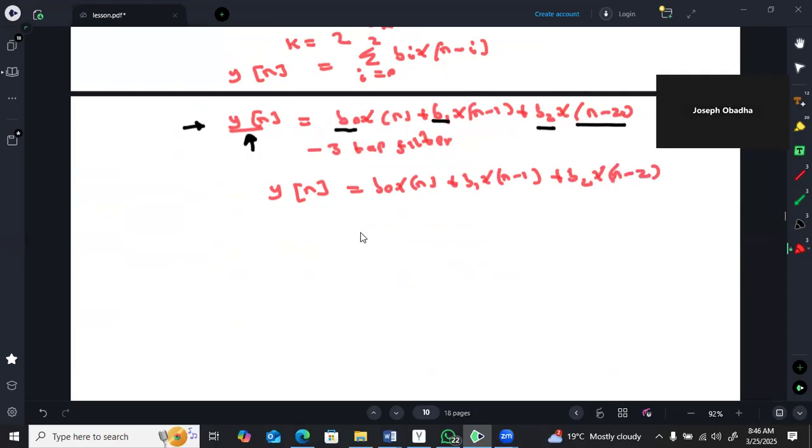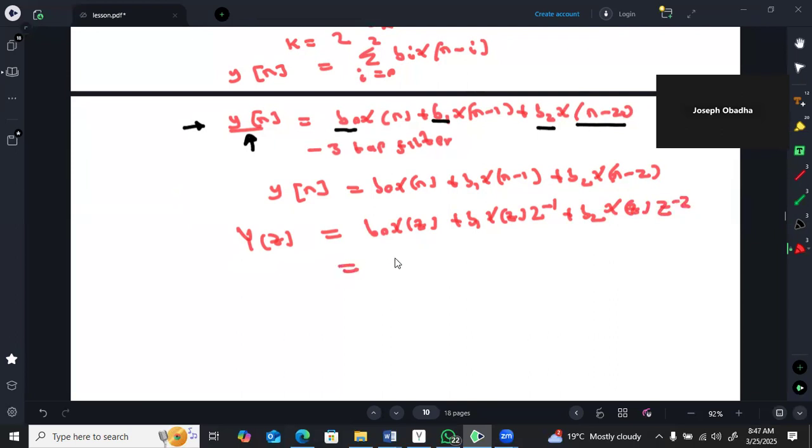If we take the z transform of both sides, we have Y of z equal to b0 X of z plus b1 X of z z to the minus 1 plus b2 X of z z to the minus 2.